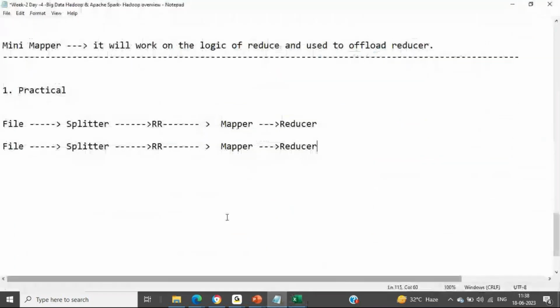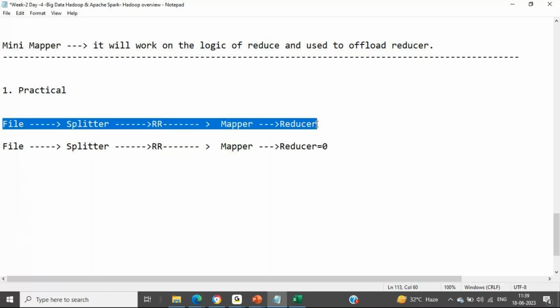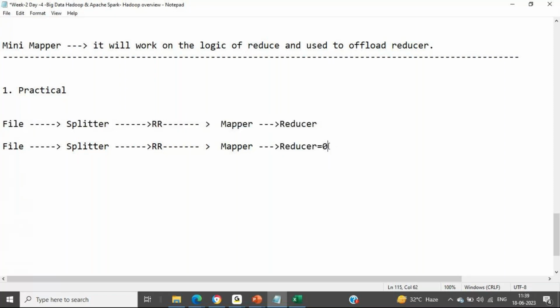That's what we are going to see practically: the job which is having reducer 0, like a reducer-less job. First we have map and reducer only, then we set the reducer to 0, called a reducer-less job.